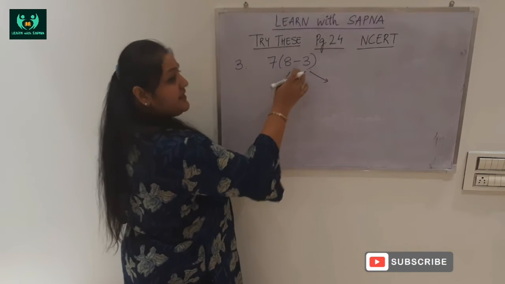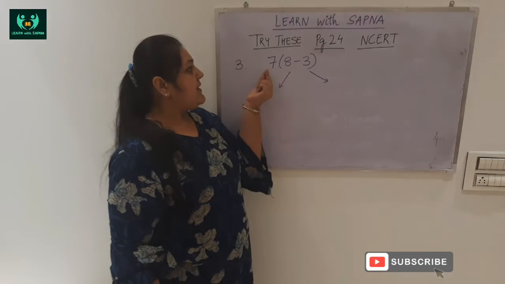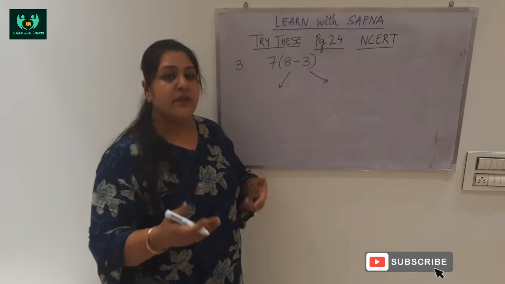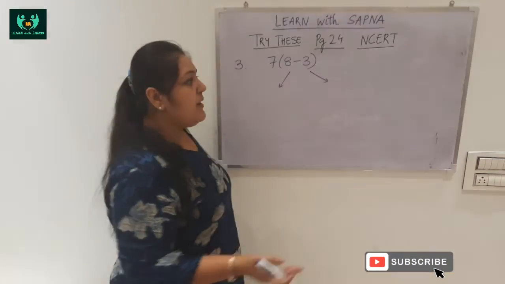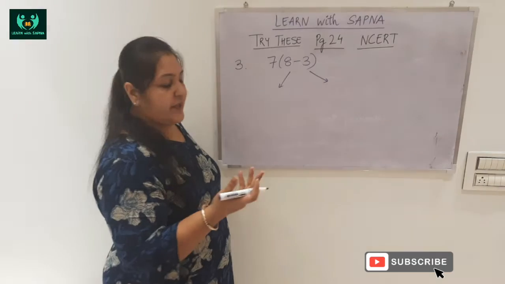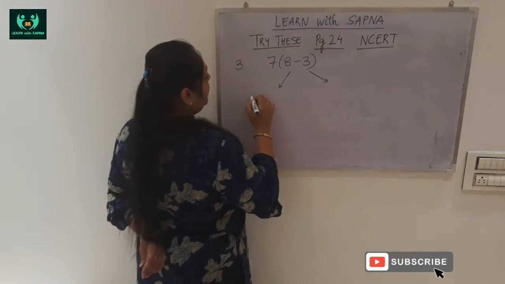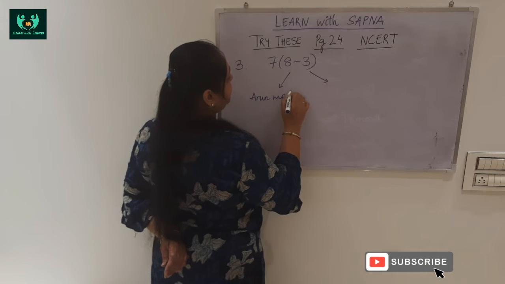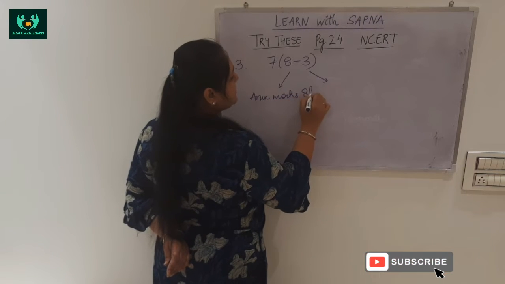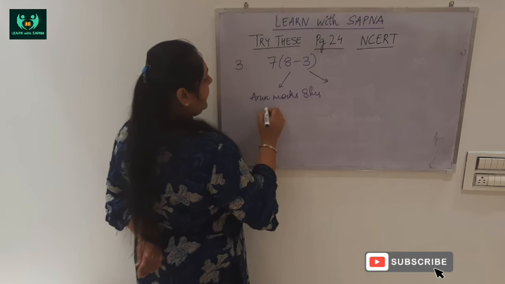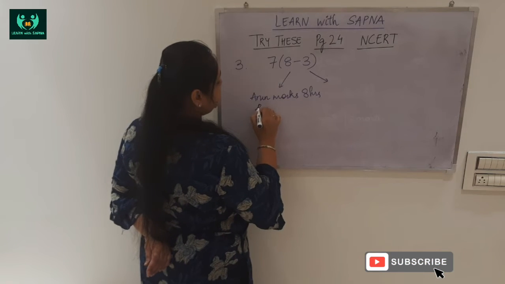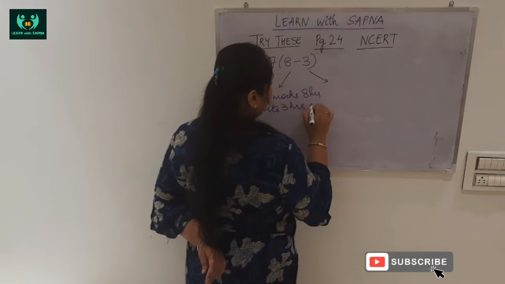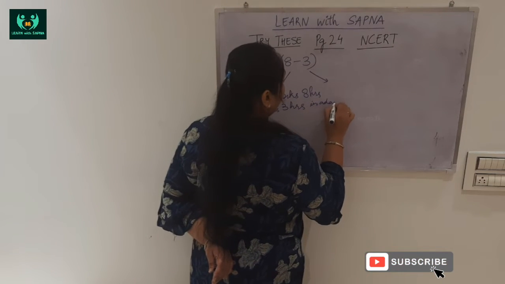okay, it is minus. See, in this expression it is 7 times the difference of 8 and 3. So we have to write something which relates to a decreasing amount, that something is being decreased. So we can say like Arun works 8 hours in a day and rests 3 hours in a day, right?